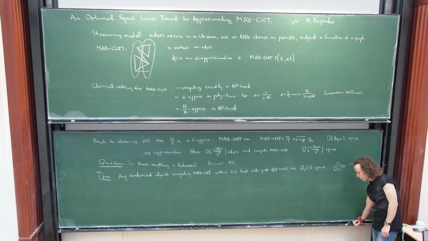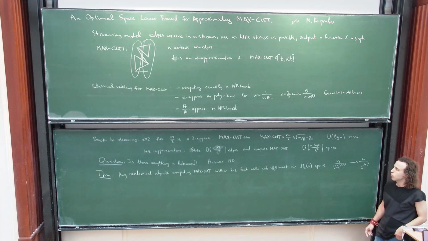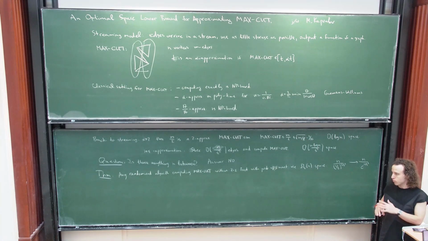Okay. So let me mention that this wasn't the first work on Max Cut in the streaming setting, and in fact our approach was used before. The general outline of the proof, at least the beginning of the proof, was known before.